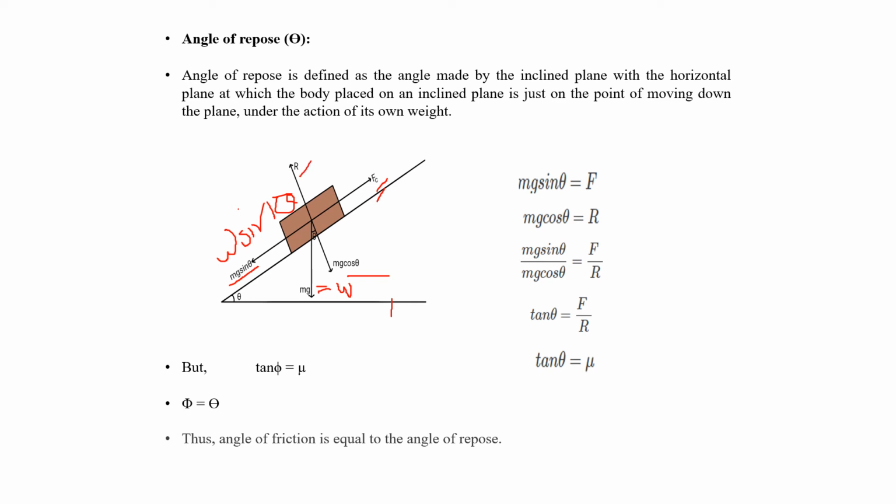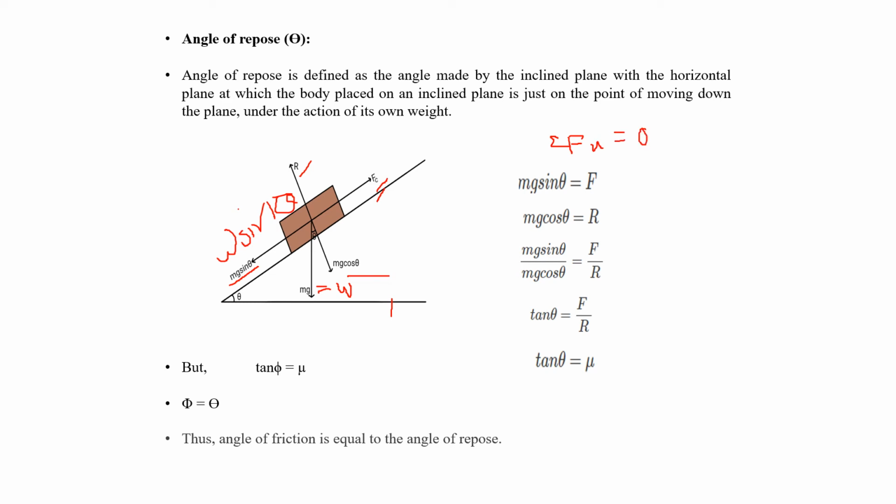So in limiting equilibrium, summation Fx is equal to 0 and summation Fy is equal to 0. So summation Fx is equal to 0.